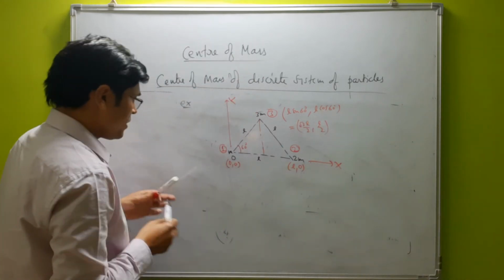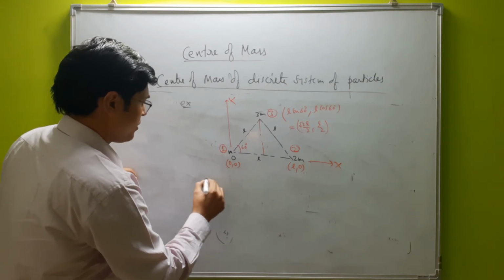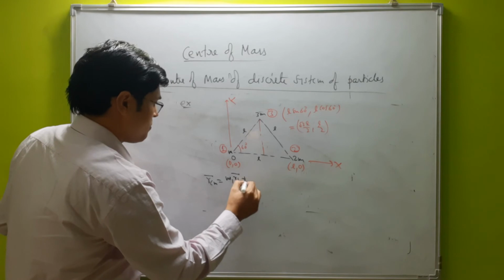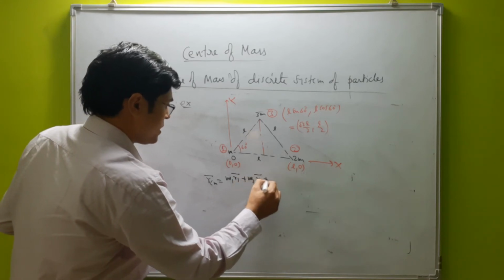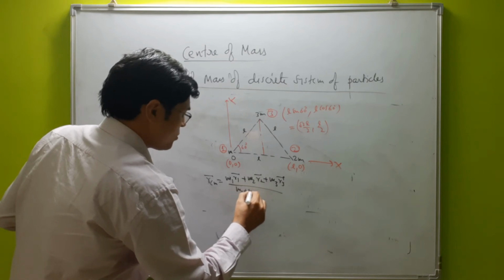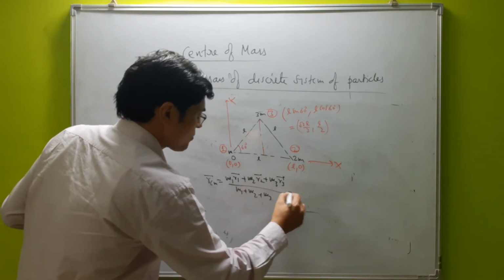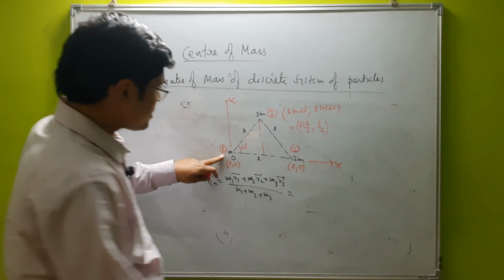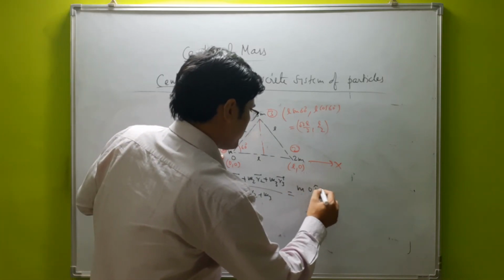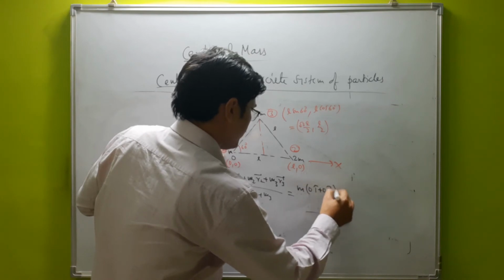Now r_CM would be how much according to the definition, right? r_CM would be (m1 r1 plus m2 r2 plus m3 r3) by (m1 plus m2 plus m3), right? So this is m times 0 i cap plus 0 j cap, you might write it like this, it does not matter.